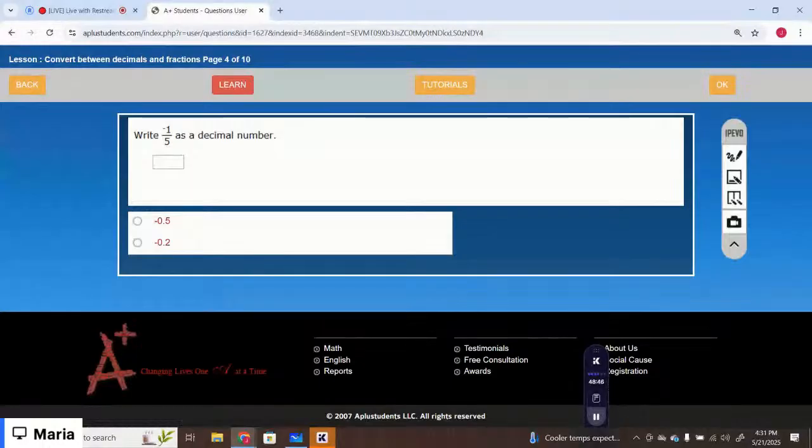Right, negative 1 over 5 as a decimal number. That is negative 0.2. Option number 2 is the correct option.